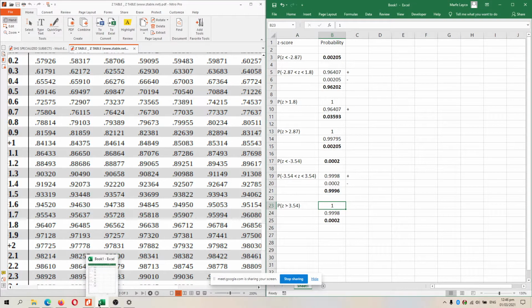Ngayon, standardizing a normal random variable. Kasi hindi naman given sa atin agad ang tinatawag na z-score. So, paano natin gagawing z-score ang isang value? Meron tayong formula.